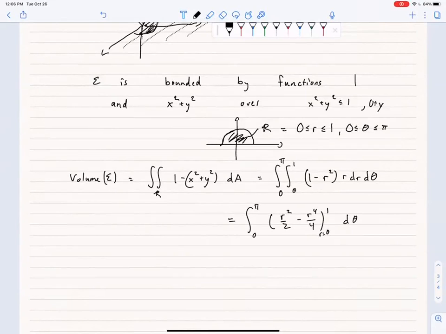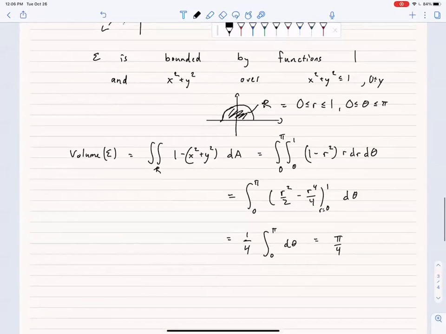At 0, that whole thing is 0. At 1, we get 1/2 minus 1/4. Sorry, 1/2 minus 1/4 is 1/4. Can't add today. So this is 1/4 the integral from 0 to pi d theta, and that is of course just pi over 4. All right.